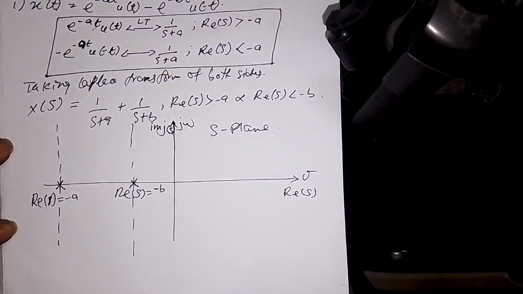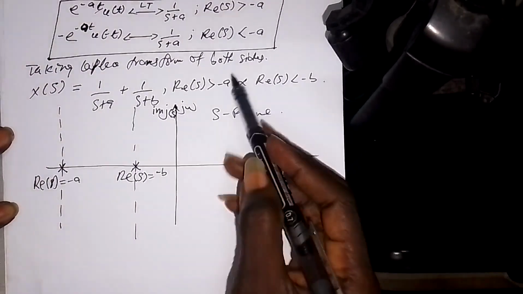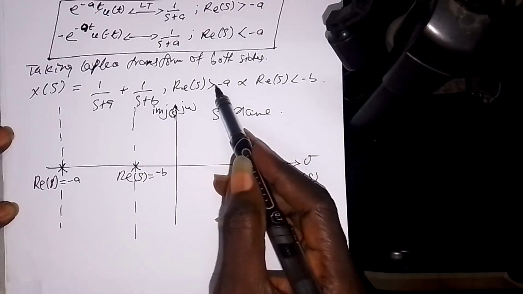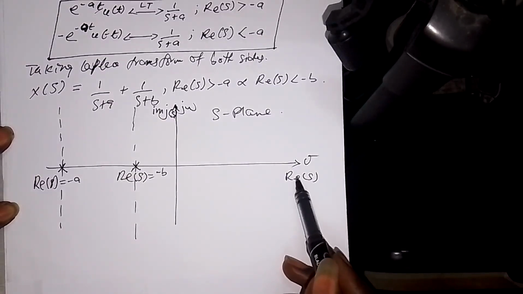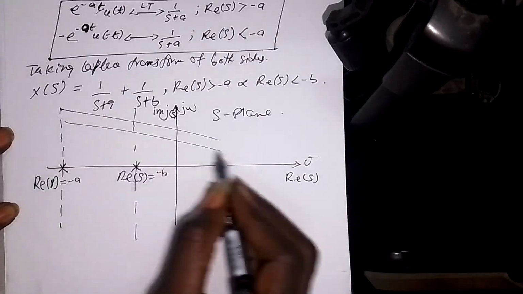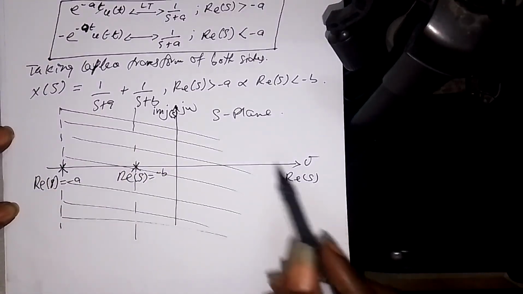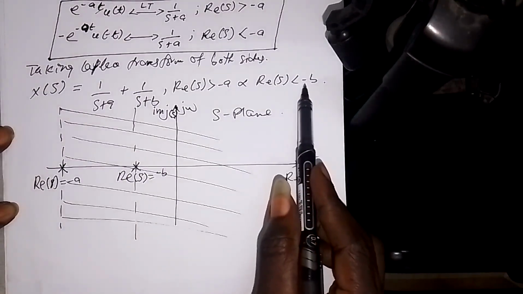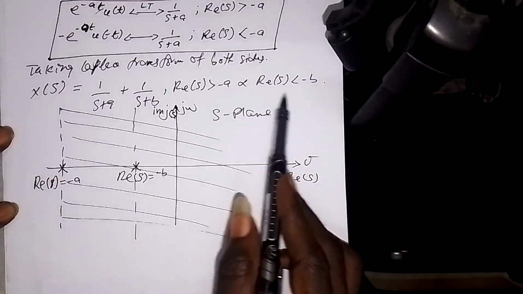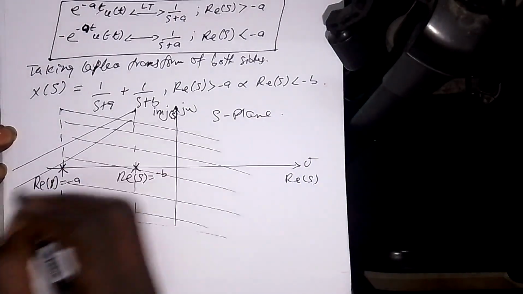Where is minus a supposed to face and where is minus b supposed to face? Real of s is greater than minus a, so minus a should go like this. Real of s is less than minus b, so it should go like this.